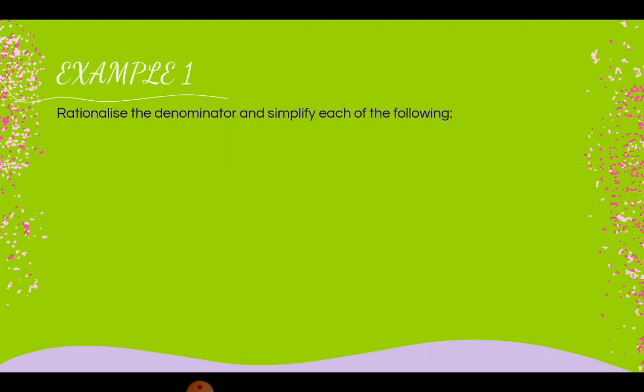Let's look at example 1. Rationalize the denominator and simplify each of the following. So we have A, 1 over 3 surd 7, B, 1 over 3 surd 7 plus 2 surd 5, and C, 1 over 4 surd 3 minus 5 surd 8. So let's look at A first.